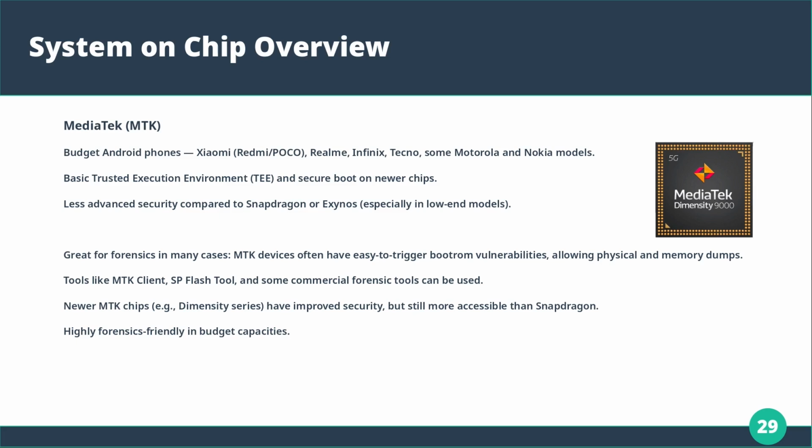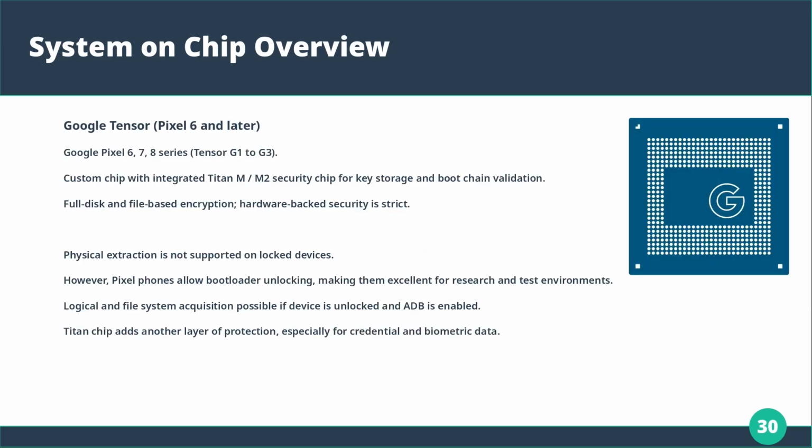Usually in forensic labs, MTK devices are considered more accessible than Snapdragon or Kirin devices, especially when working with budget markets. Next, we have Google Tensor, which powers Pixel 6 and later devices. Tensor integrates the Titan M or Titan M2 chip. This is, of course, Google's secure element, responsible for boot chain validation, encryption, key storage, and enforcing biometric protection.